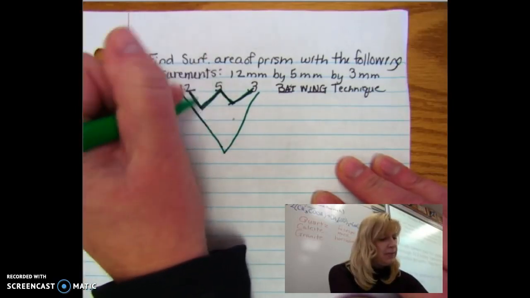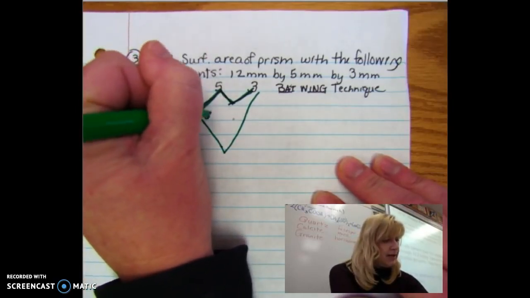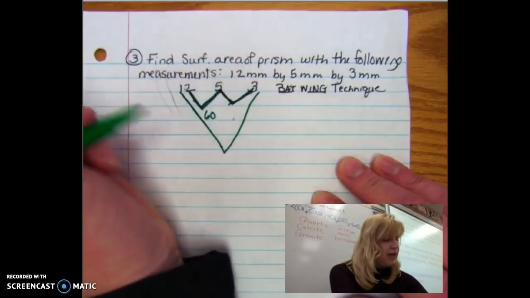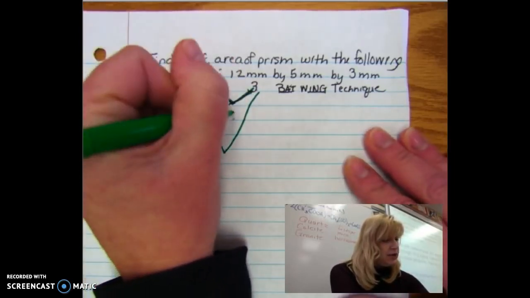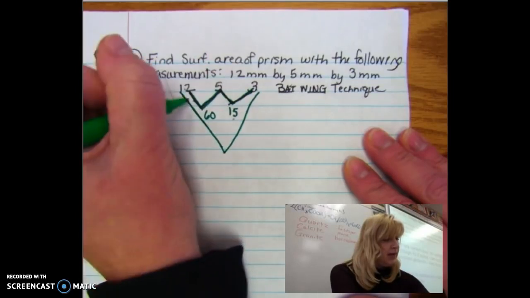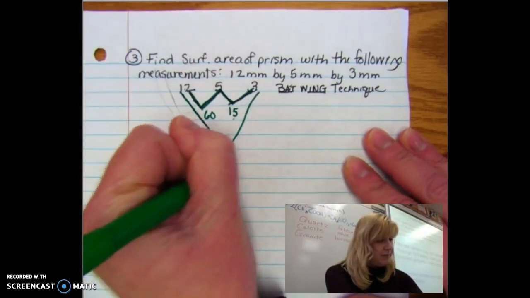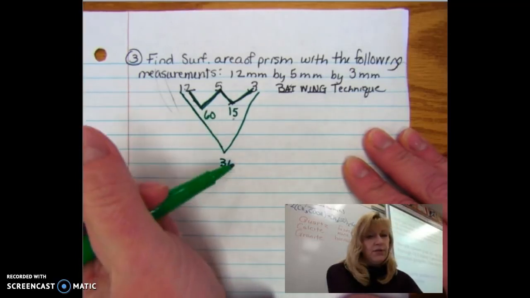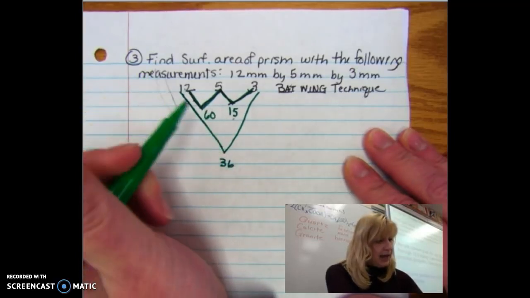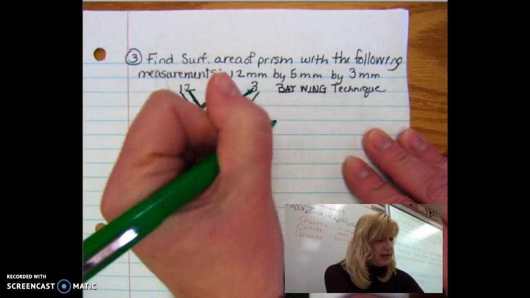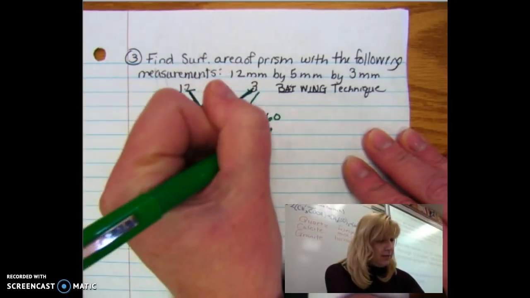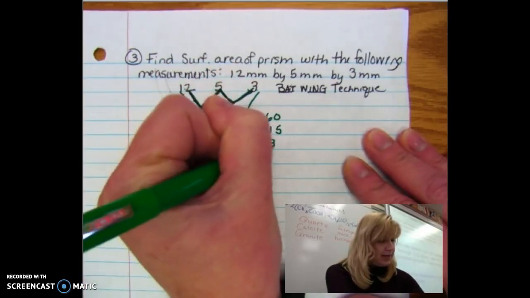I'm going to do 12 times 5, which is 60. And I'm going to do 5 times 3, which is 15. And then I'm going to do 12 times 3, which is 36. Okay, what I'm going to do first is add up all of these, so 60, 15, and 36.